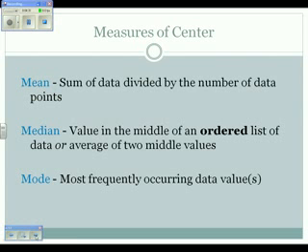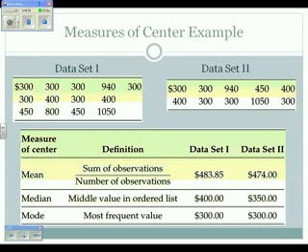So if the most repeated value is repeated 3 times, but you have 4 or 5 values that are repeated 3 times, and they're all tying to be the mode, then you would have 4 or 5 modes. Or you most commonly will have one mode, the one value that appears the most often.